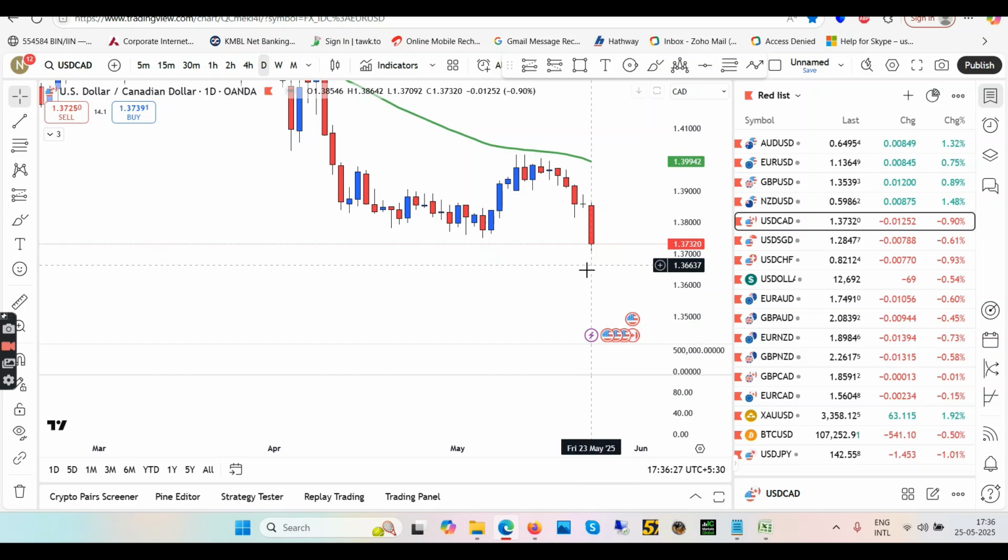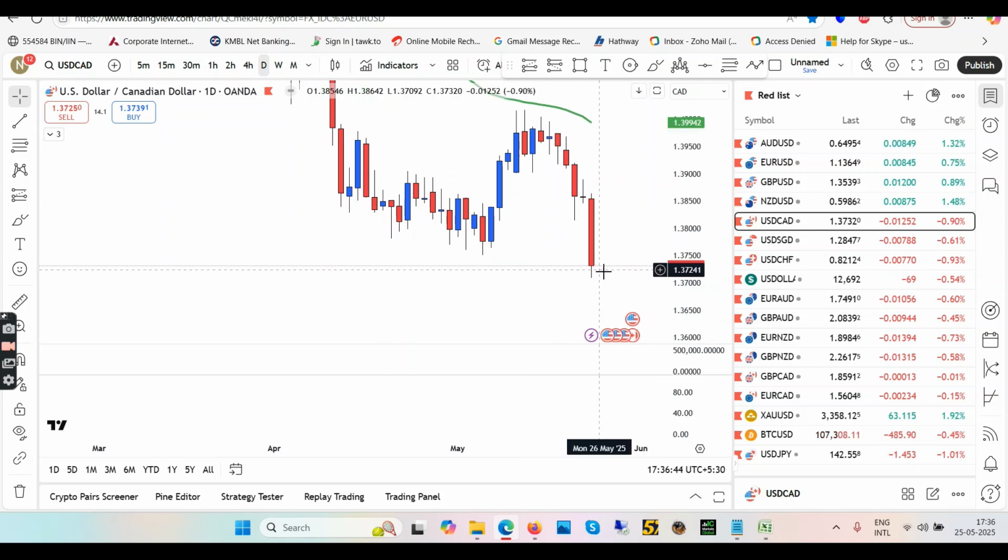I'm expecting to go down another maybe 120 pips. Easily, I think in daily, we have the potential to go down 120 plus pips, but that's not going to happen tomorrow. No, I'm talking about that this will take a pullback here in daily, then wait for the confirmation, this red candle, and then go down.